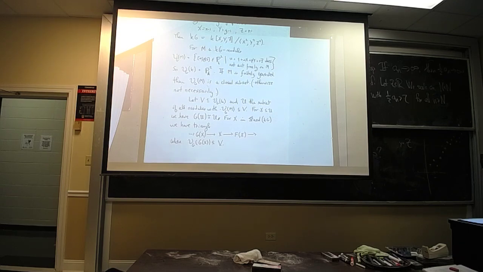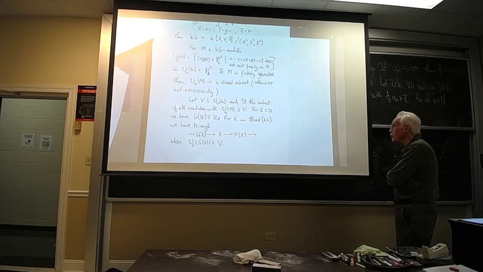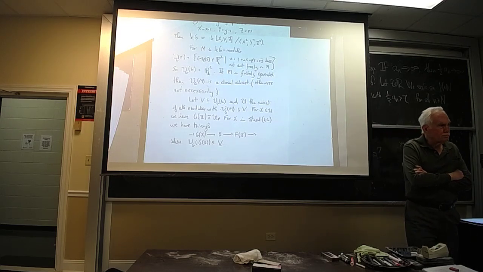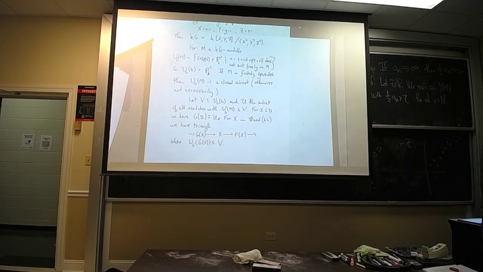So I take a point in there, alpha, beta, gamma. It is in V_G(M) provided this element u, which I write as 1 plus alpha x plus beta y plus gamma z, does not act freely on M. Now you can check, by the way, that u squared is equal to 1.